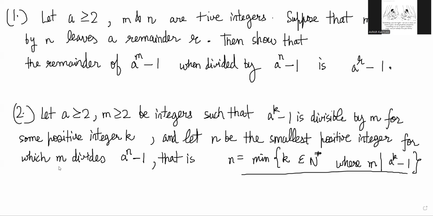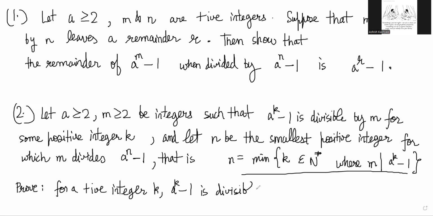We have to prove that for a positive integer k, a power k minus 1 is divisible by m if and only if k is divisible by n.